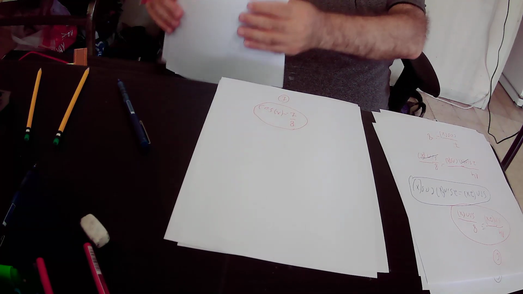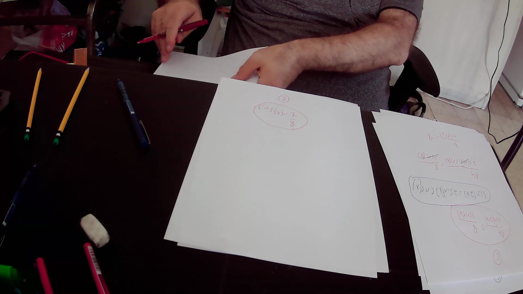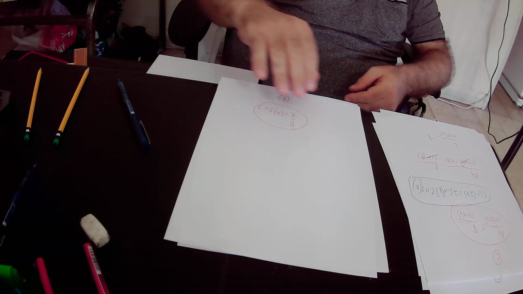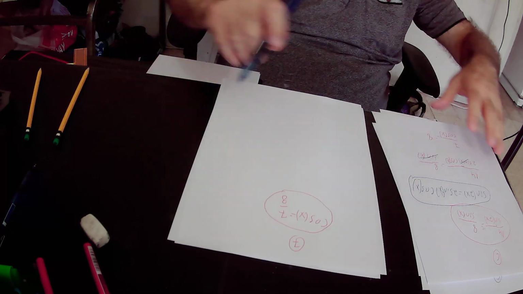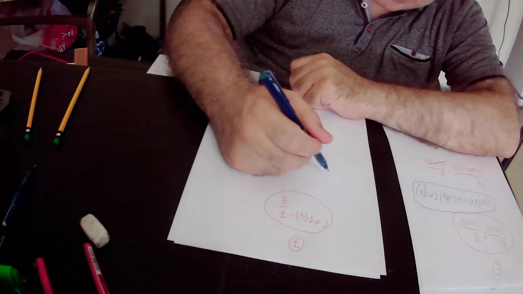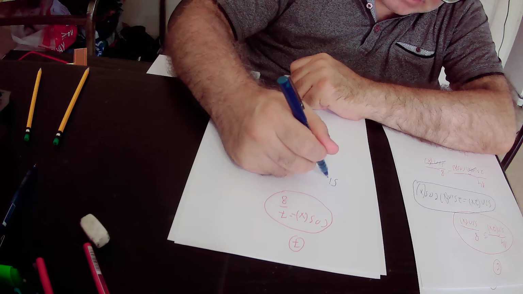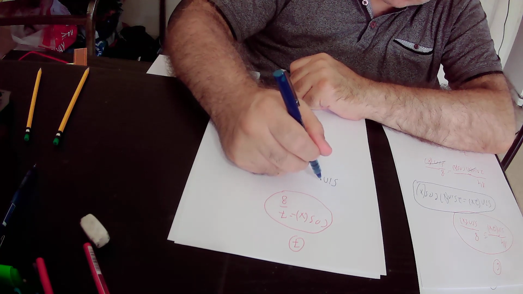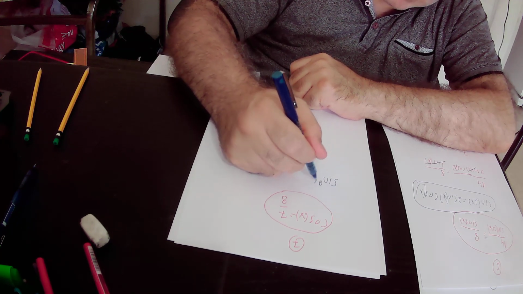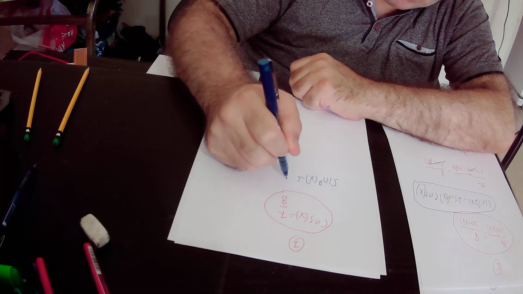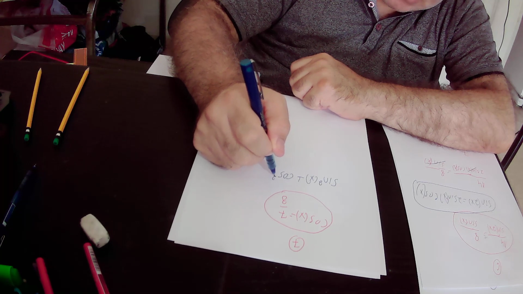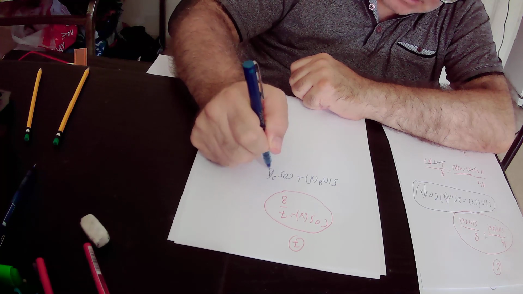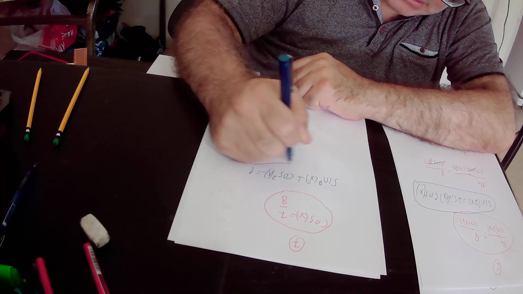Now I will present to you a third trigonometric identity. The third trigonometric identity states that sine square x plus cosine square x equals 1.